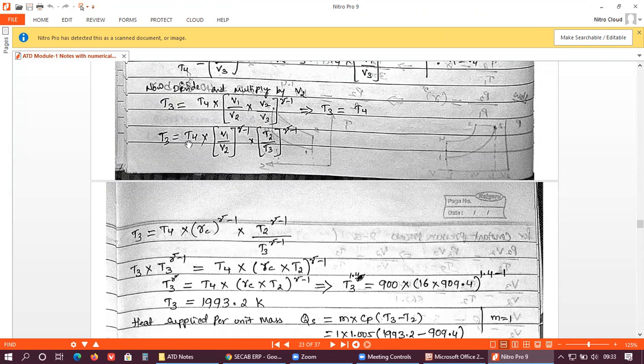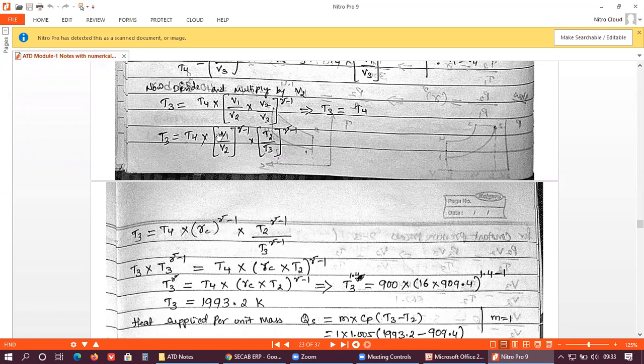T3 is equal to T4 into, I will split this up, V1 by V2 raised to gamma minus 1 multiplied by T2 by T3 raised to gamma minus 1. Now I am going to replace V1 by V2 by the compression ratio, and I am going to replace T2 by T3 here. So only T3 will be remaining, the only unknown in this expression.